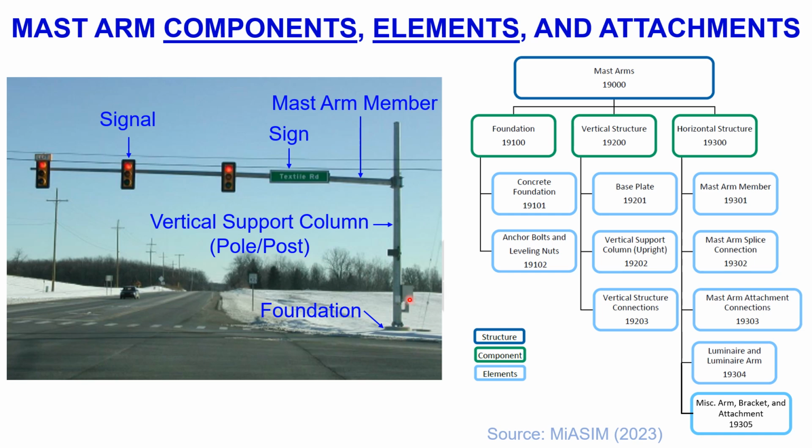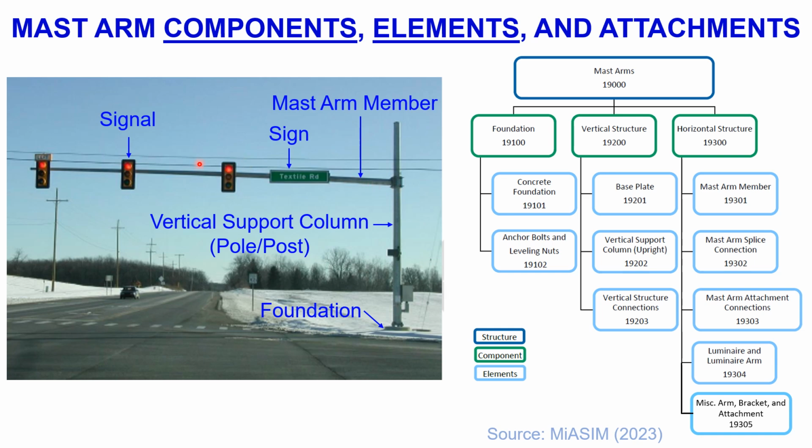There can be different connections to the attachments, as well as the connection between the pole and the foundation. Then the horizontal structure is the mast arm member and the mast arm splice connection.